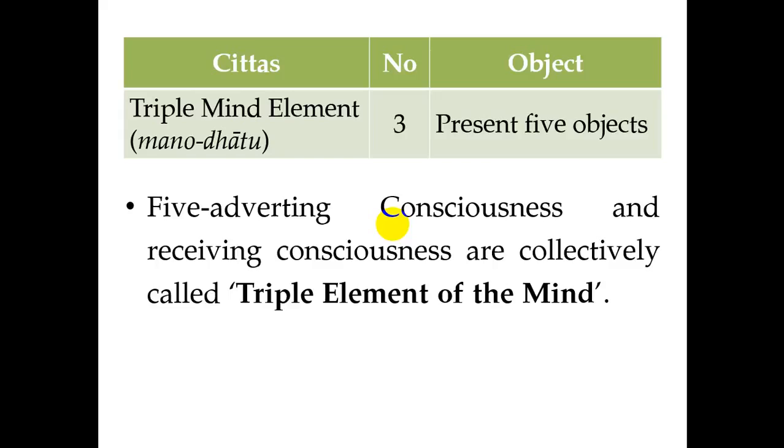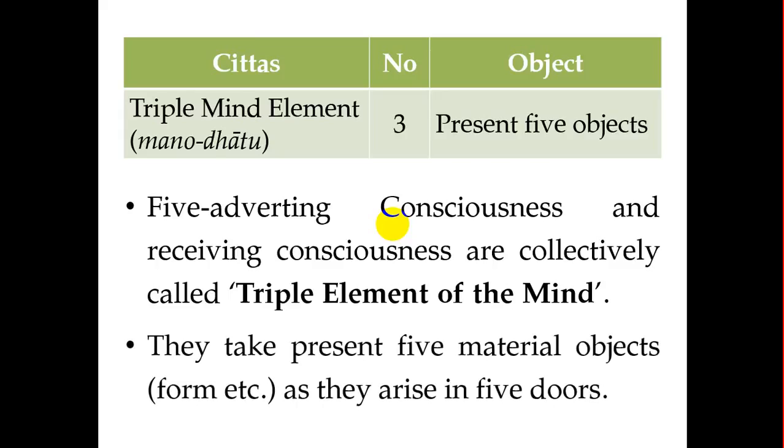We are talking about the second one, mind element. So three types of mind element take the present five objects. They take present five material objects: visible form, sounds, smell, taste, and tangible, as they arise in the five doors.